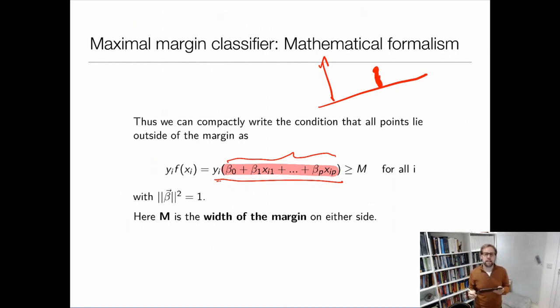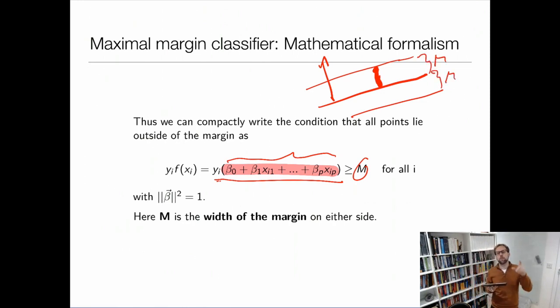And I'm saying if this distance is bigger than m, then I'm outside of the margin. If I assume I have a margin, some distance m, and also distance m to the other side, so I'm choosing my margin 2m wide, then m is the margin on either side of the plane.